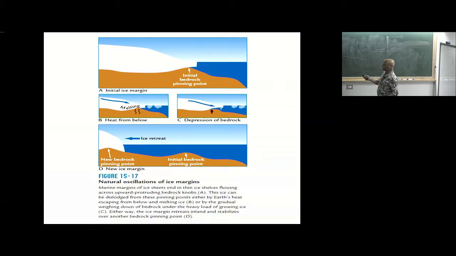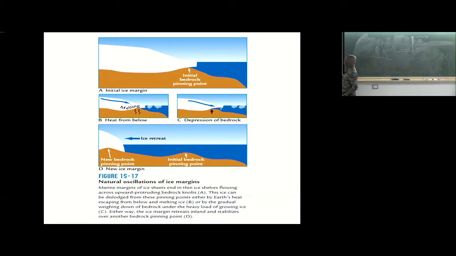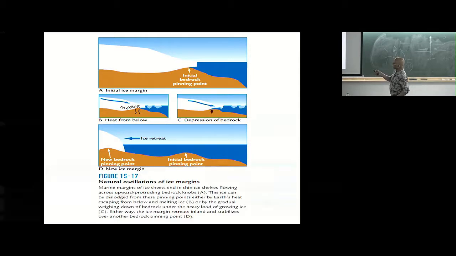But this now becomes more vulnerable to changes in ocean temperatures, right? So if this shelf ice melts away, then you're going to reduce the pressure on the land. So remember that when this is pushed down, this is pushed up. So if you reduce this, that's going to go back down. So this is going to rise, this is going to sink.